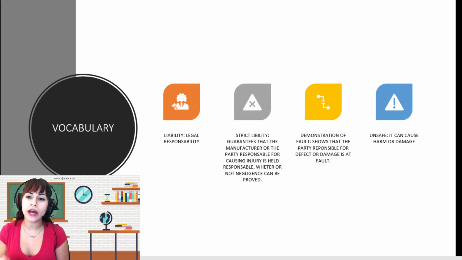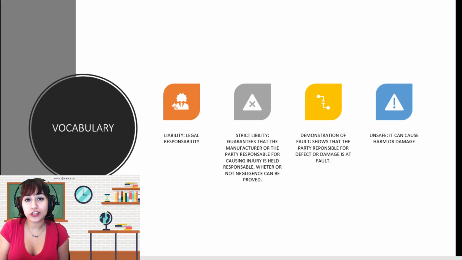Okay, for the next word we have demonstration of fault. Okay, wait. Demonstration of fault. Listen. Demonstration of fault. Demonstration is similar to Spanish demostración of fault. Fault means it's related to culpability. Significa culpa.